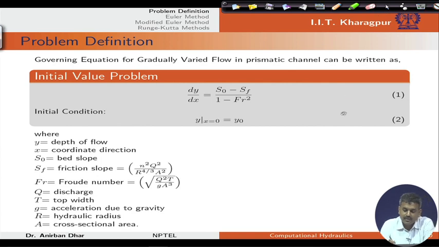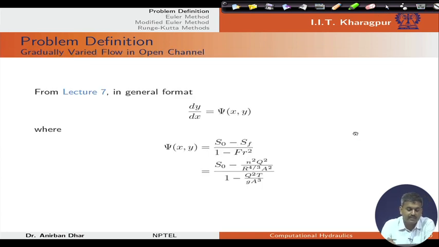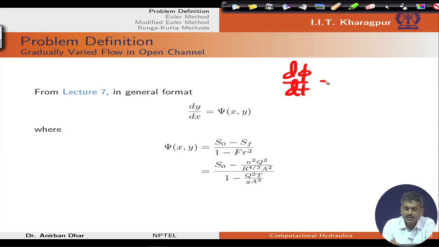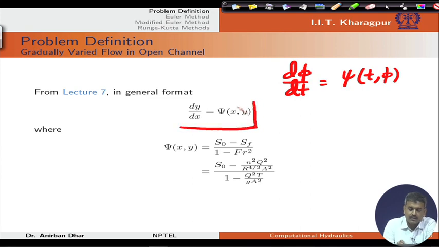Now, as per the general format that we discussed in lecture 7, where d phi by dt equals psi of t and phi, in our problem we can write it as dy by dx equals psi, the general function which varies with x and y.